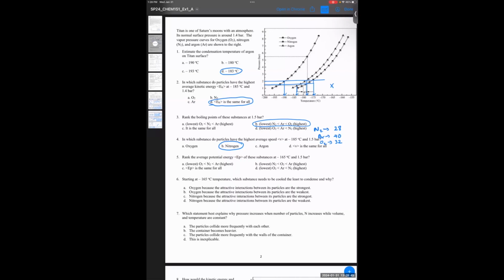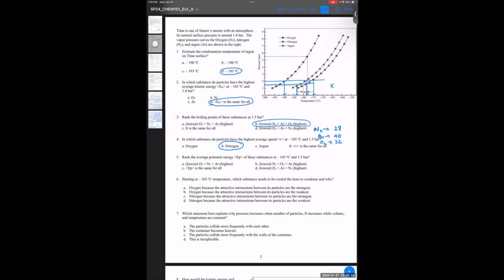This is not the ideal case, but even though they're in the gas phase, the potential energy depends on the strength of interactions. Oxygen has the lowest vapor pressure at any given temperature, meaning it's going to have the strongest attractive interactions between the particles, meaning the lowest potential energy.